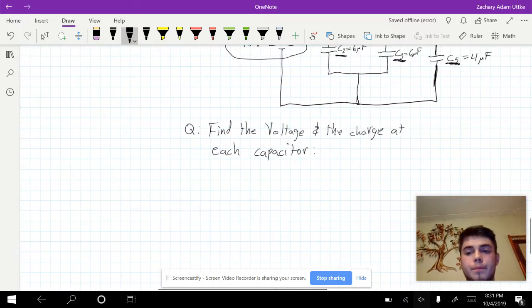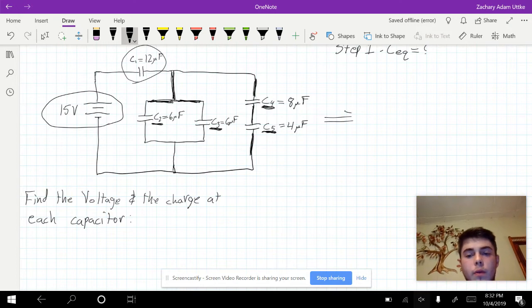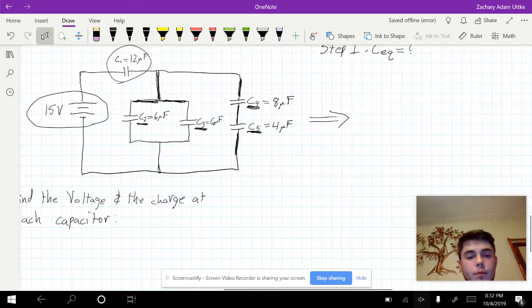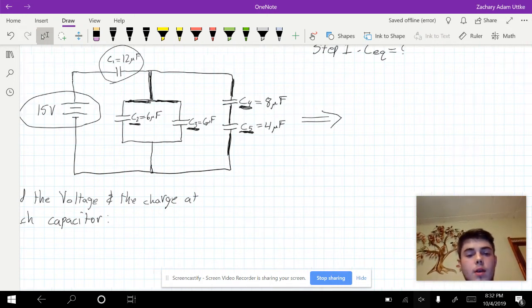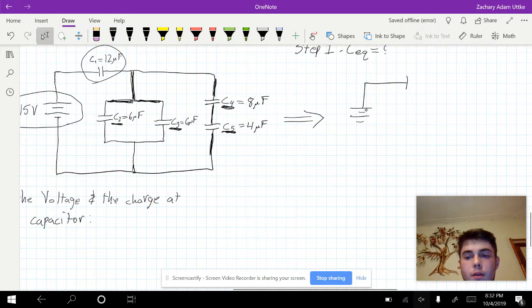And let's do that. So if we're starting with this circuit, what we have to do is start to condense it. So we can see that C2 and C3 are parallel from each other. So we're going to combine those. So let's redraw our circuit with those two combined. Okay.